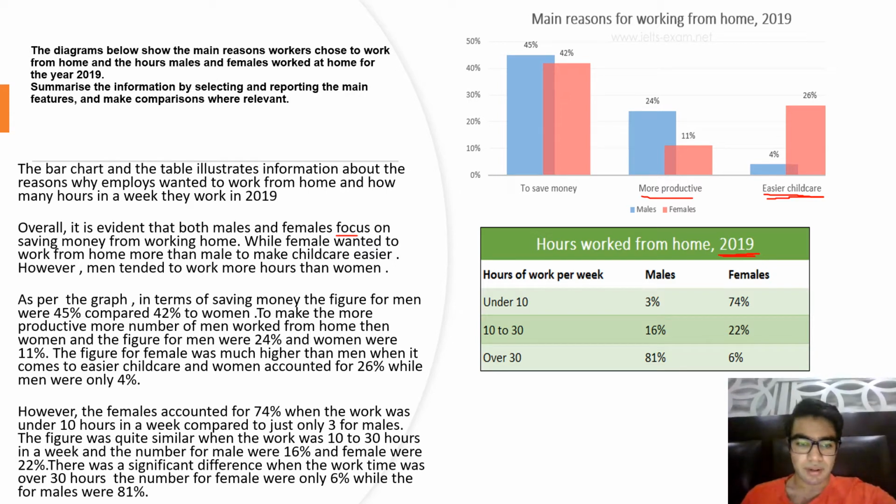And in the second sentence he said, while female wanted to work from home more than male. See, we are talking about females, it's not female. You have used the singular form, you should use the plural form. It should be females, not female. And it should be males, not male.